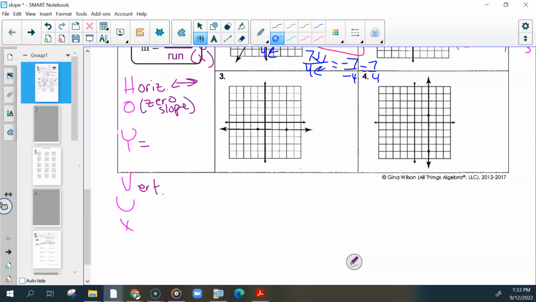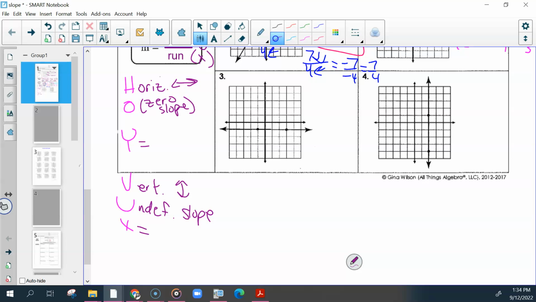Vertical lines have undefined slope and are usually x equals. So if you remember this, anytime you see a horizontal or vertical line, you should be good.